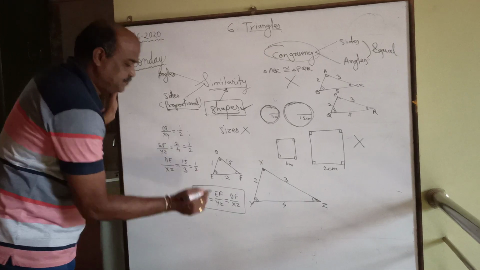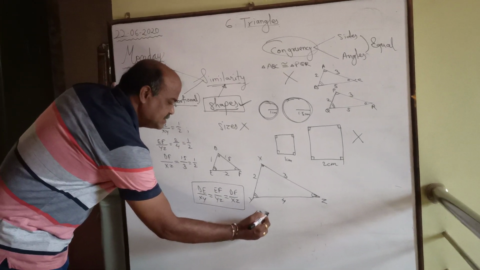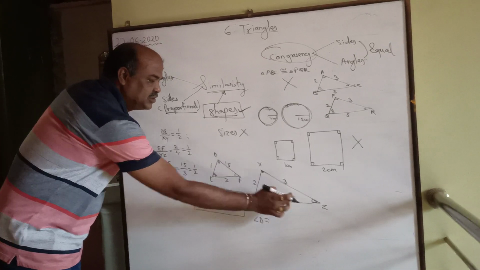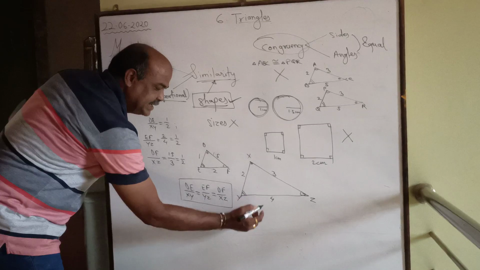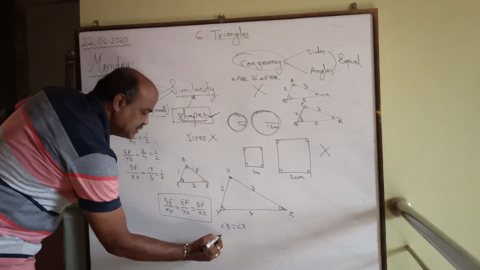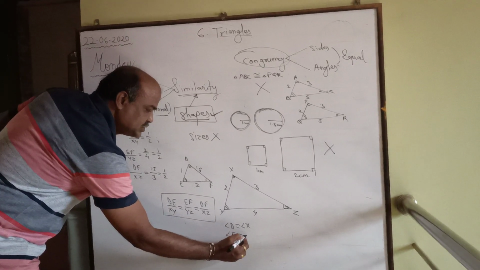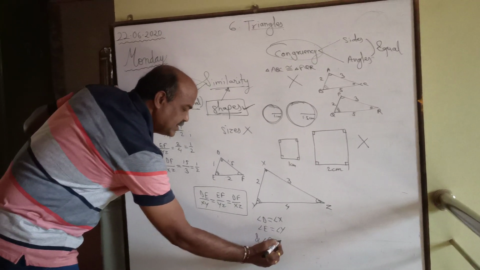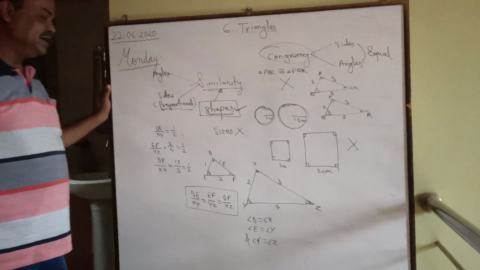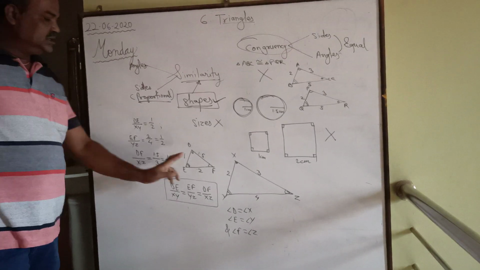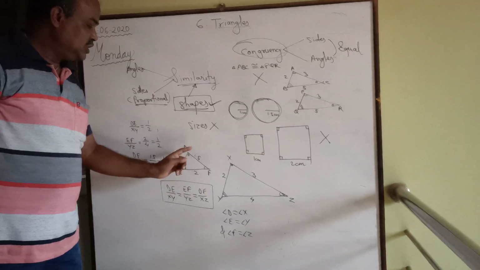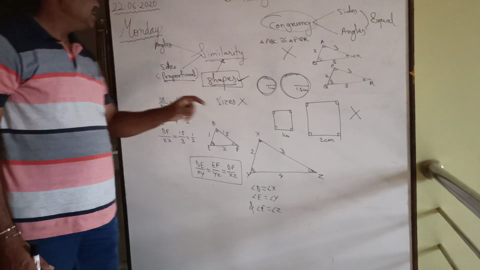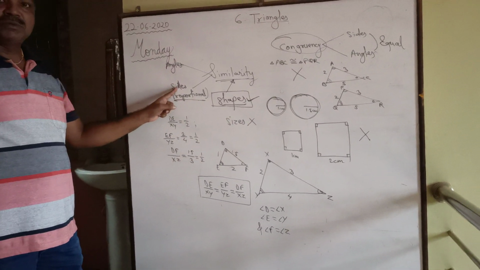As well as the corresponding angles, angle D, you can see here with the identical marks. I have shown in the figure clearly that angle D equals angle X, angle E equals angle Y, and angle F equals angle Z. Their measures are same. That means although the corresponding sides are not equal, they are proportional.